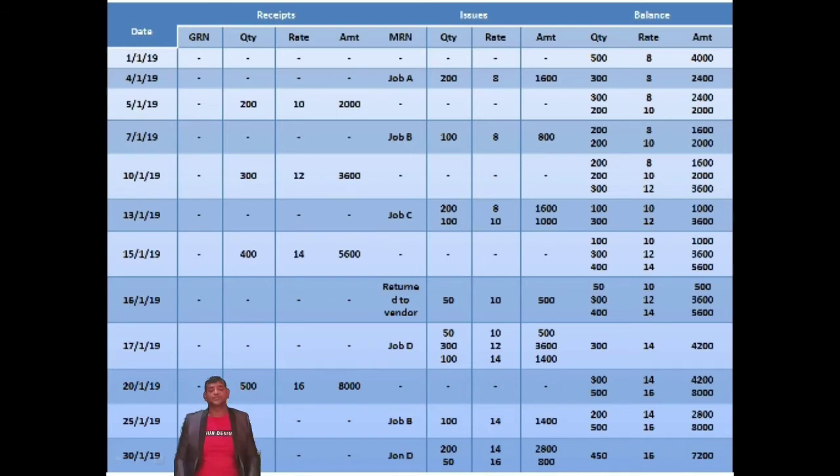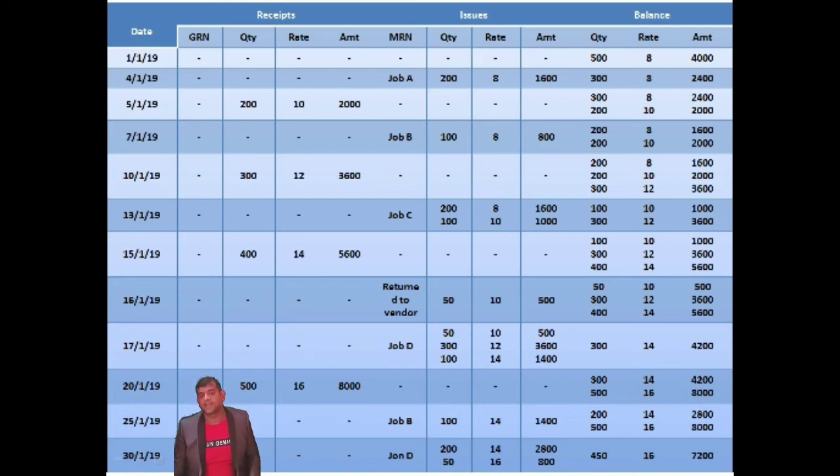If you are a store manager sending goods to the producer, that should be shown under issues, because the stock is out of the firm, company or industry, whatever you call it. That is why it is return to the vendor. How many units have been returned? 50 units at rupees 10 each.